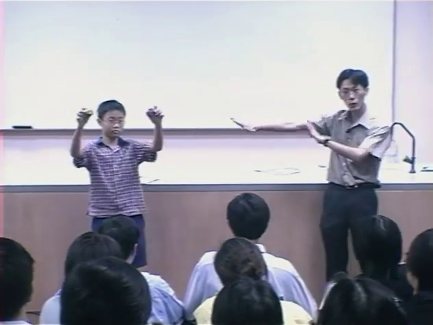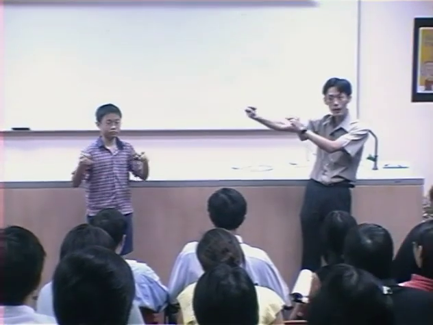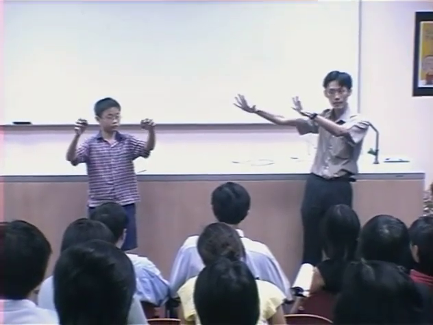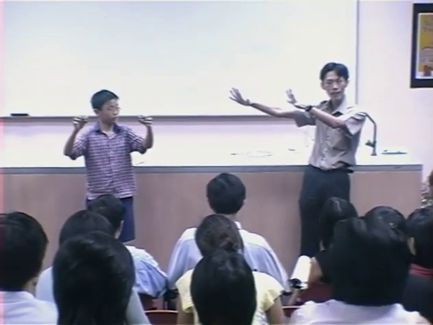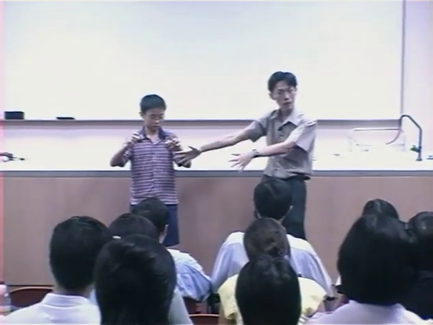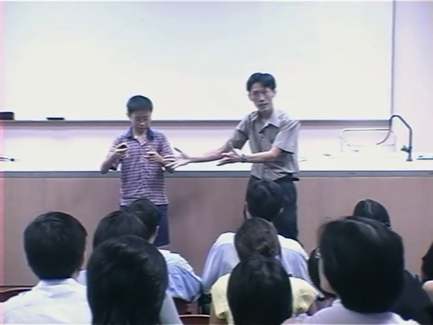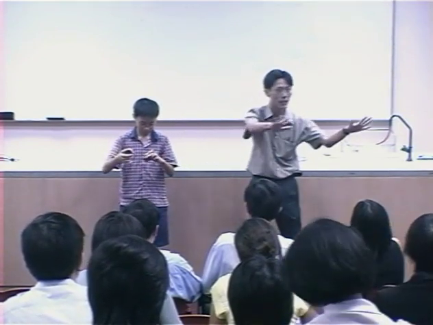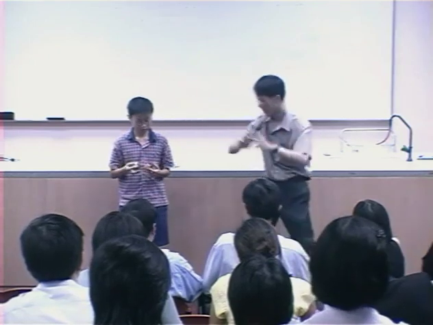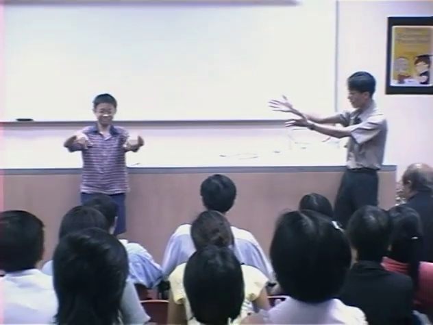Before you do anything, tell me what is going to happen when you release both hands at the same time. The piece of paper will fall. Which one will fall faster? Same. Anybody has a different answer? Nobody. Okay. Hong Chan, show them your wizard power.